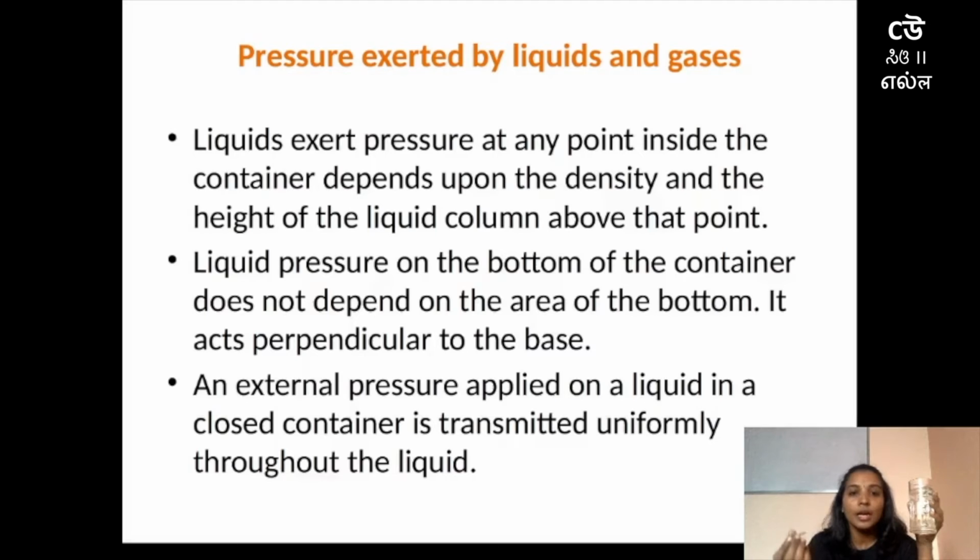Why? Because liquids will be exerting pressure in all directions, whether it's bottom or sidewise, the pressure created by the liquid will be same in all directions. And the pressure exerted by the liquid completely depends on the density as well as the column of the liquid which the container is containing.